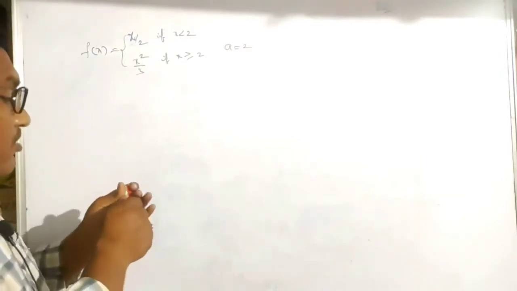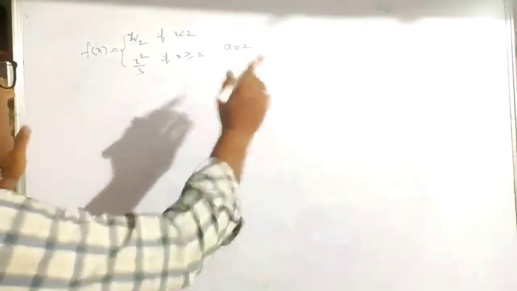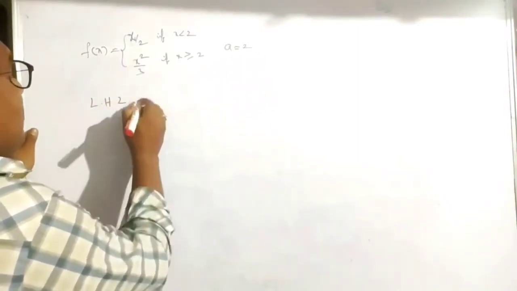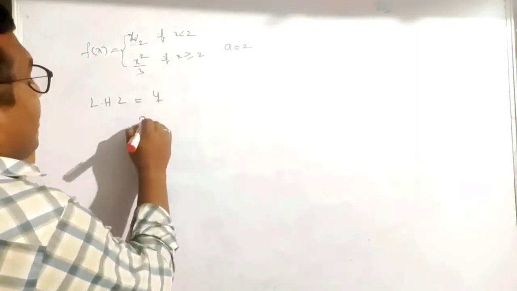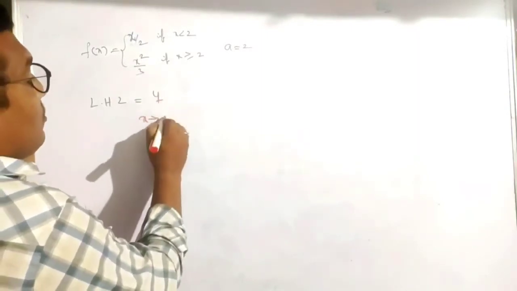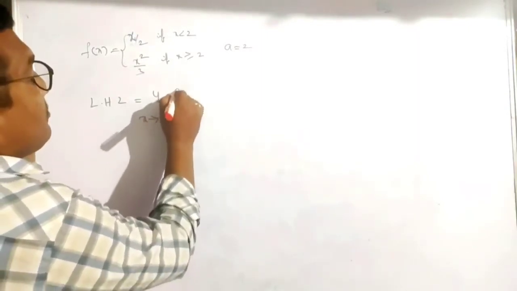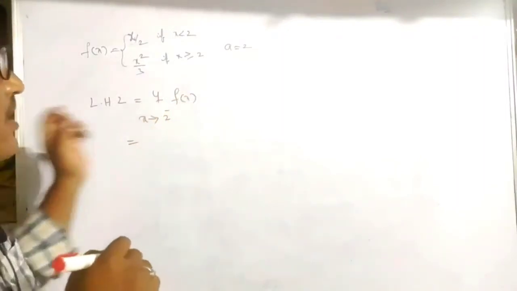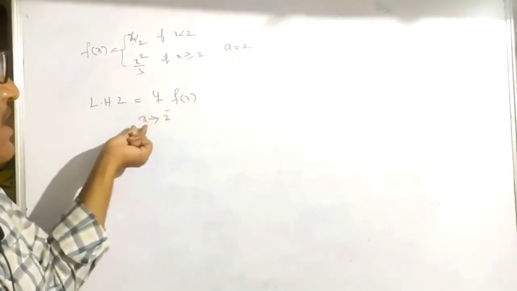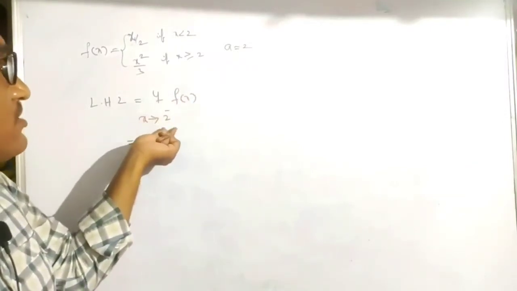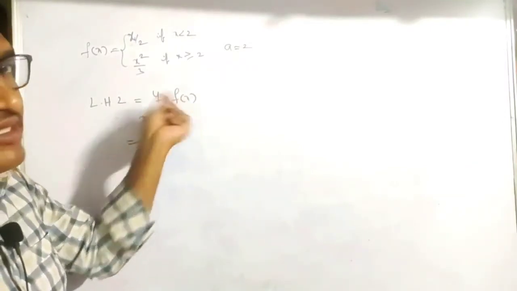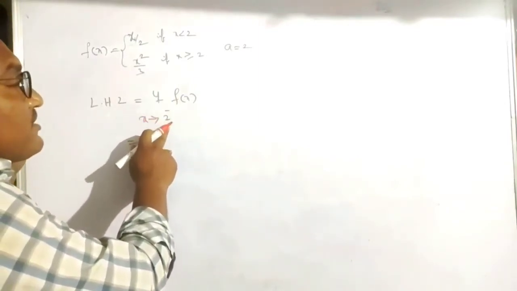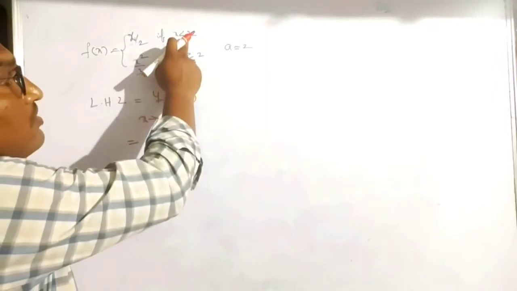First of all, we should find out the left hand limit. Here it is the limit as x tends to 2 minus of f of x, because we are finding the limit at a is equal to 2. x is tending to 2 minus means it's less than 2, so we take this one.